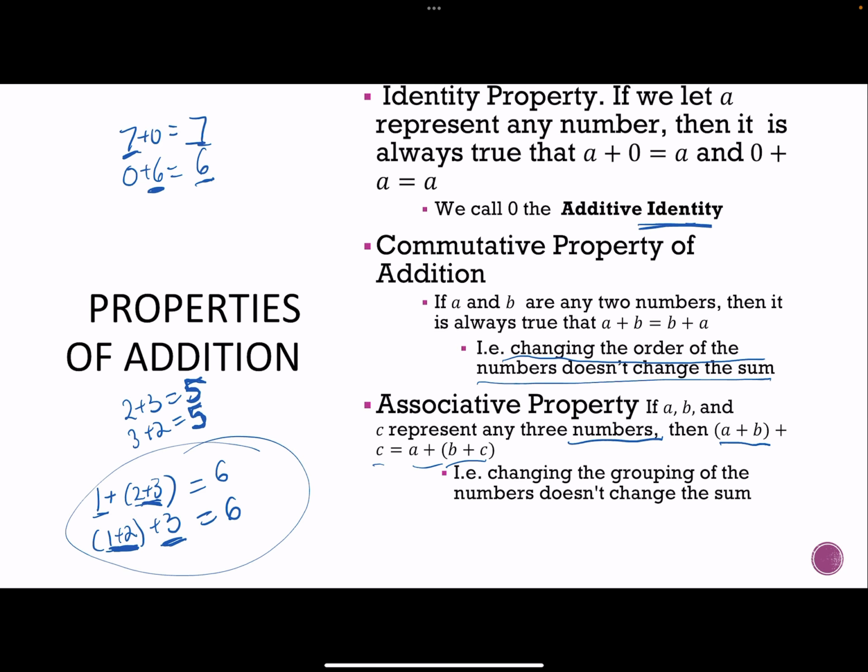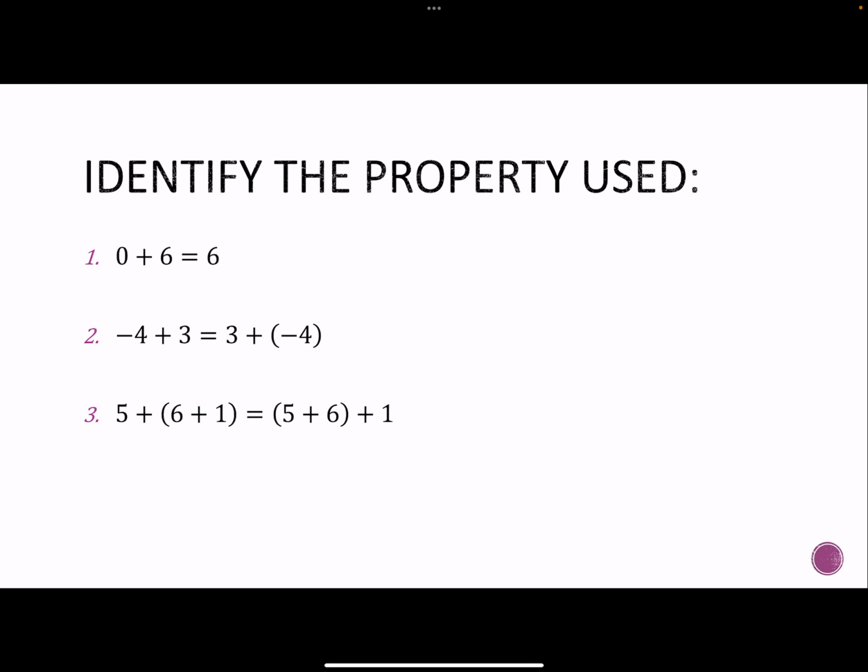So in these next few examples, let's identify the properties that we've used. If I have 0 plus 6 is 6, that's an example of the identity property. If I have negative 4 plus 3 is the same as 3 plus negative 4, that's the commutative property.